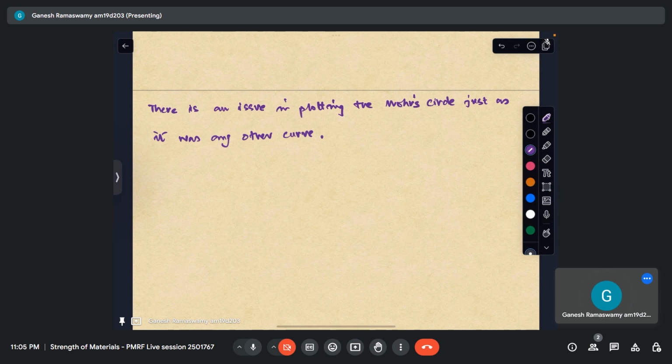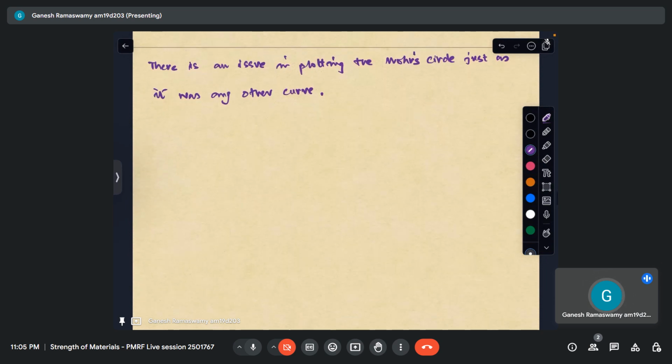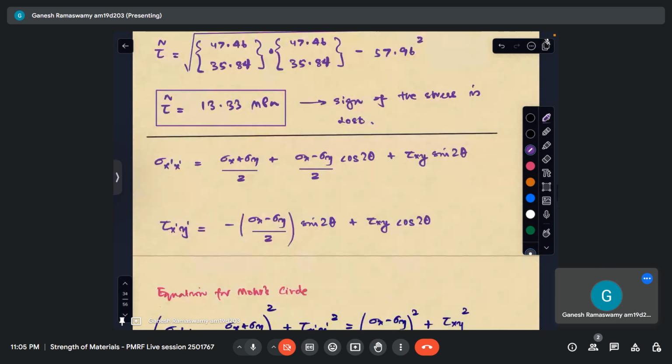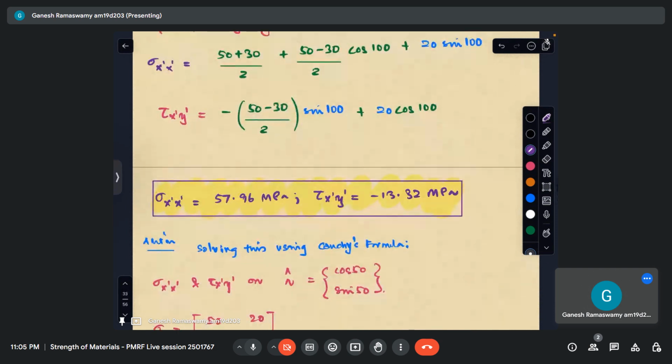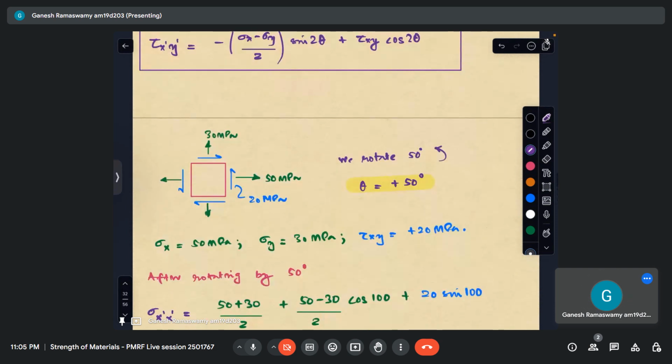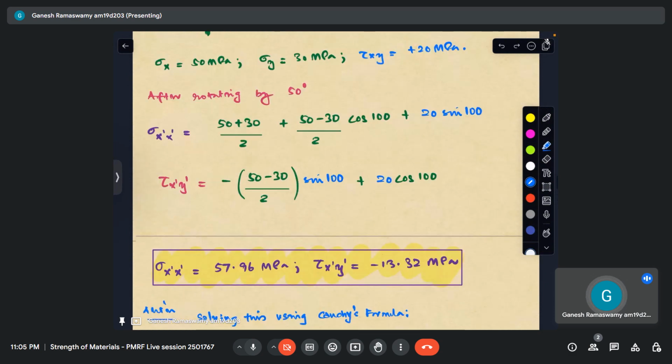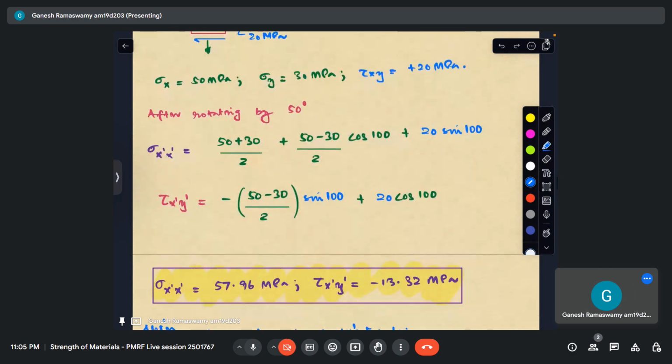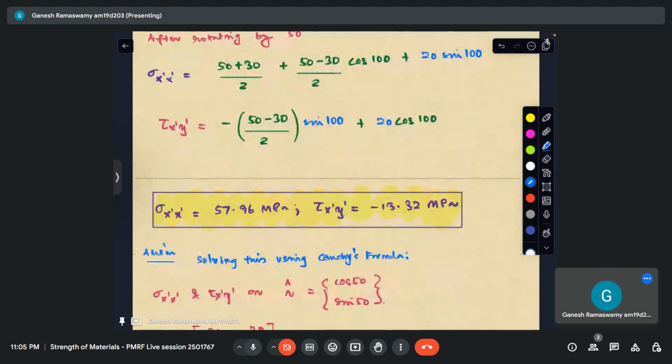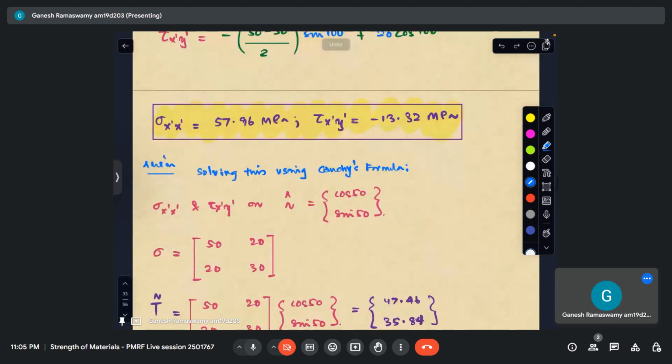So it is better that we try to understand this using the same example that we have already solved. So we took this stress block here, and using the stress transformation equations, we know what sigma x, sigma y and tau xy were, and we have already derived what the stress on a plane that is 50 degrees rotated is.